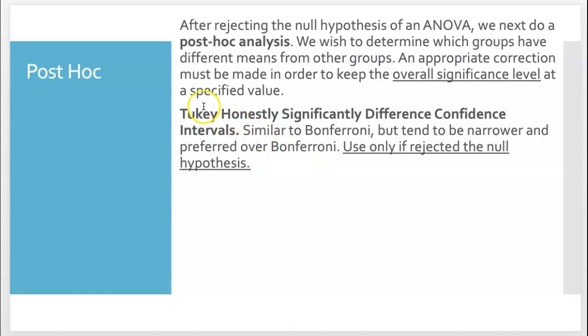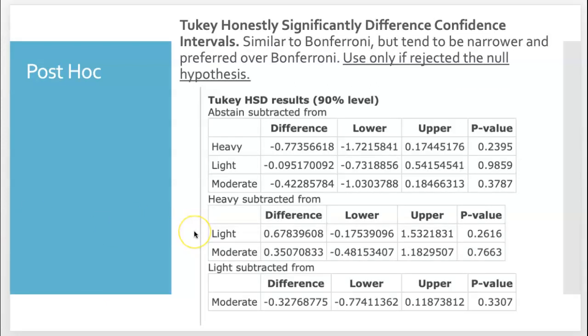So we're just going to say, look, if we're doing post hoc and we want to do multiple comparisons just like we did with Bonferroni, we will, but we're going to use Tukey's method. Of course, we use this only if we reject the null hypothesis. The nice thing is, remember when I was working with Bonferroni, I had to use the StatCrunch where function to get all the different comparisons, and that was a lot of work.